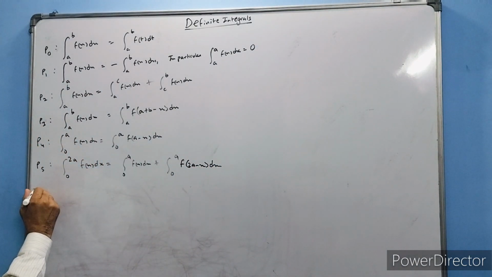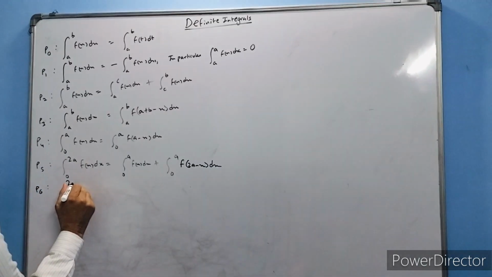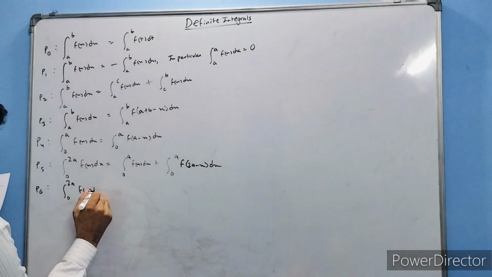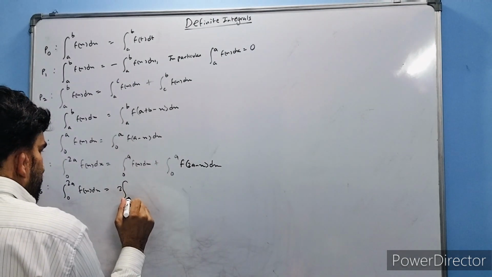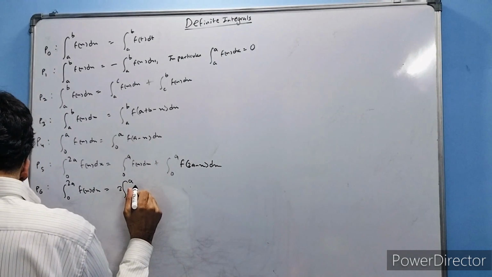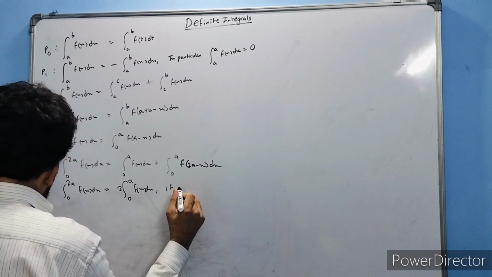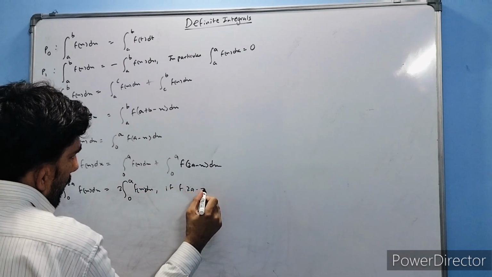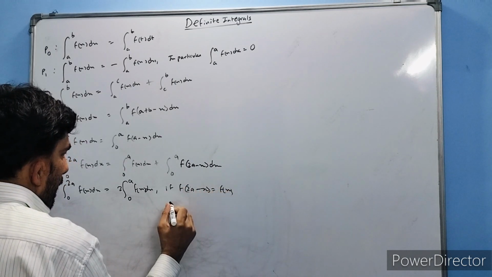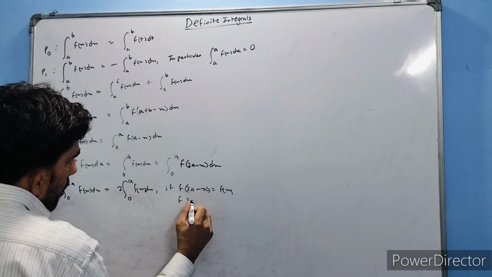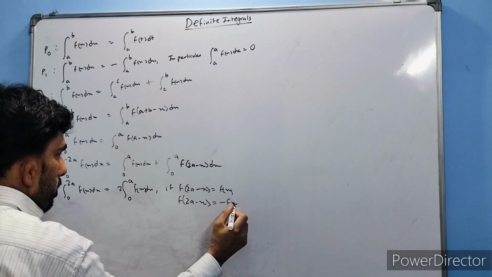Likewise now we have the next property, that is the integral from 0 to 2a of f(x) dx is equal to twice the integral from 0 to a of f(x) dx if f of 2a minus x is equal to f(x), and 0 if f of 2a minus x is equal to minus f(x).